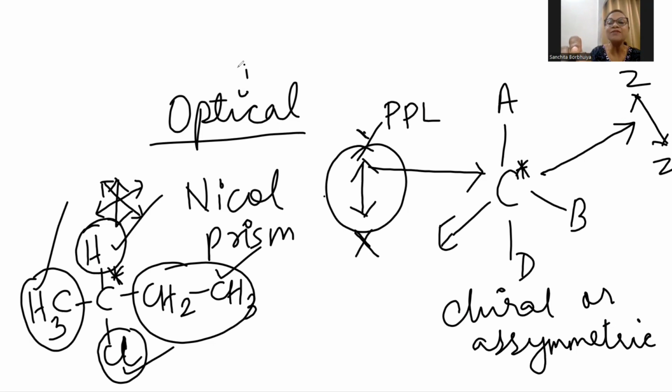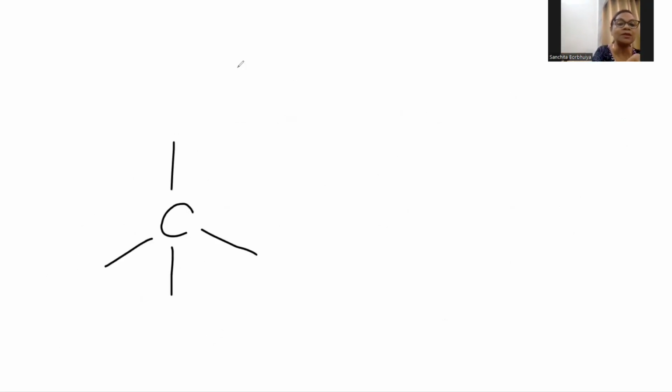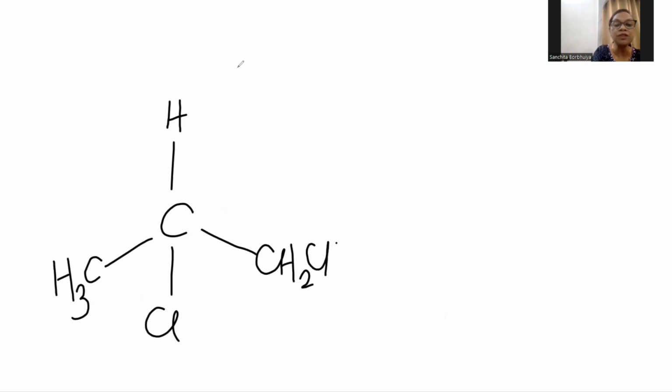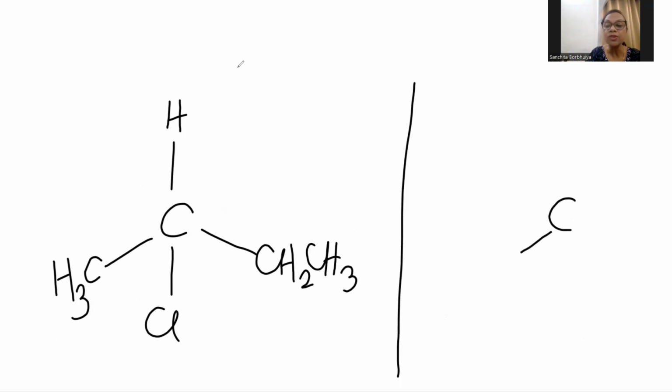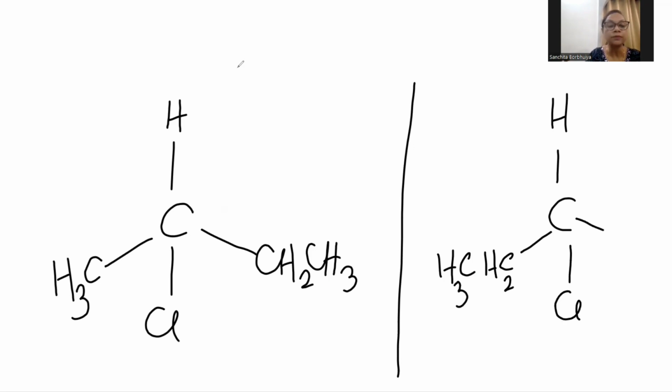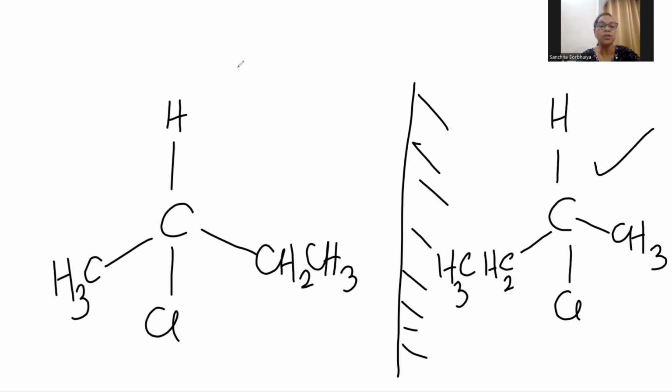So this optically active compound, 2-chlorobutane, is tetrahedral. I'm just drawing a tetrahedral state of the species. It will have its mirror image, which looks like this. These are mirror images of each other. If a mirror is kept in front of the compound, this is the image, this is the object.